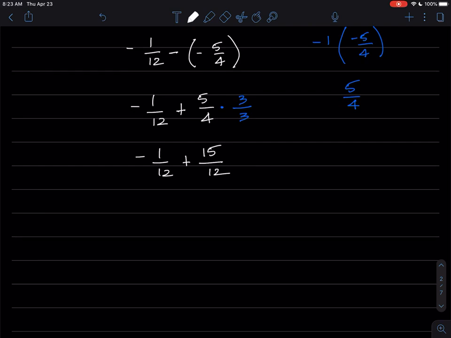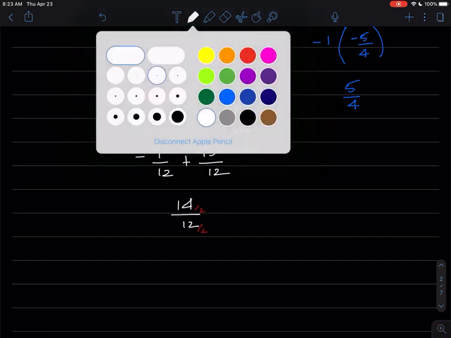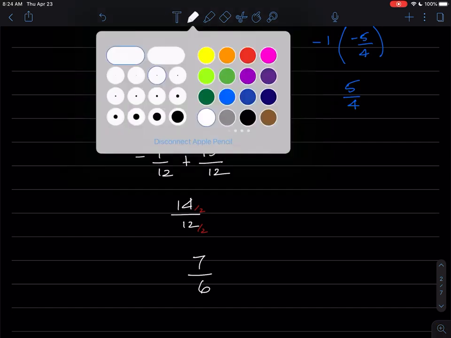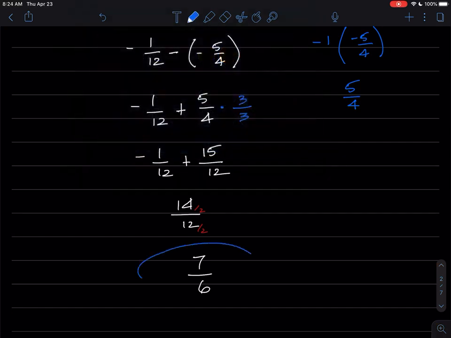In order to finish that, we have -1 plus 15 is 14 over 12. And again, we can simplify that. We can divide the top and the bottom by 2. 14 divided by 2 would give us 7, and 12 divided by 2 would give us 6. And we end up with 7 over 6.